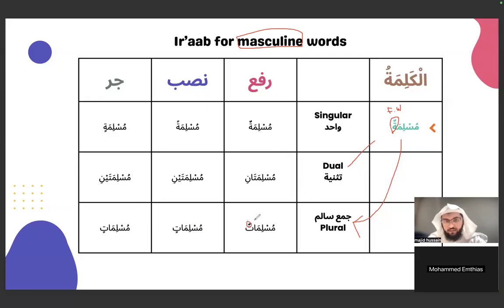If you find muslimatun, you know this is a feminine word, because this form itself is feminine. So there is no need to find out whether this is a feminine or masculine word, because this form only applies to a female word in plural, and the word itself represents that this is in the state of rafa.